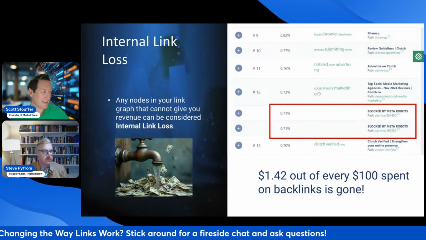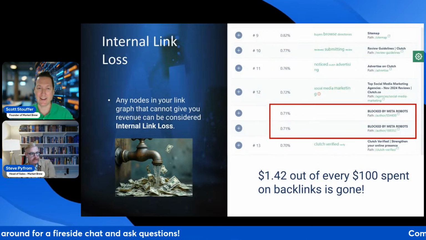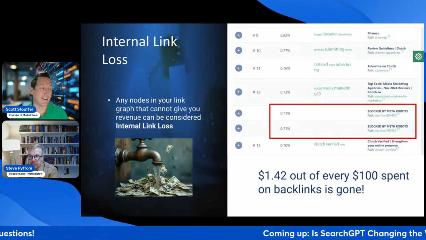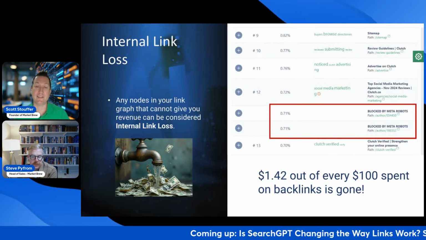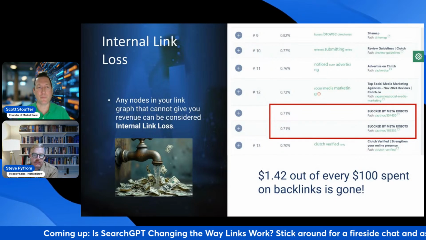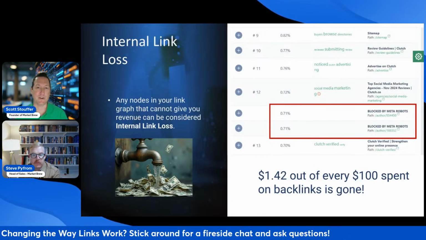They had a significant amount, like $1.50 out of every $100 that you would get on backlinks coming to your site. $1.50 would just be thrown away into these. And this is probably not the only two pages that they were doing this with. So when we find these things, obviously it's very important to see if it's a template or site-wide issue.